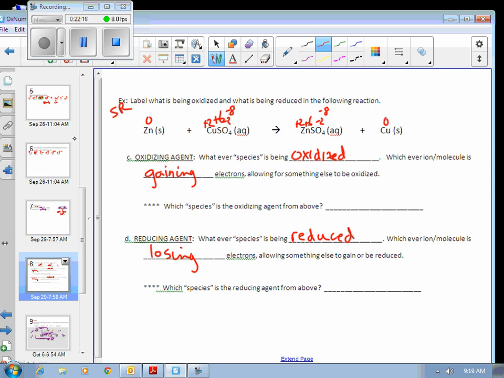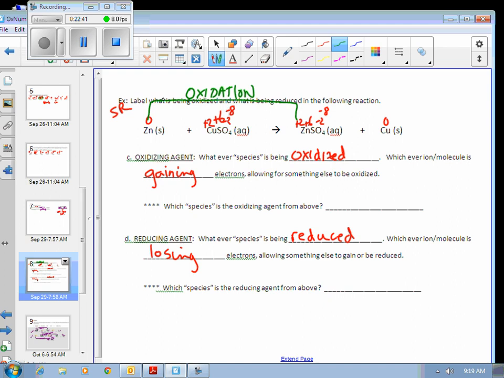All right, so looking at the reaction overall, what's being oxidized and what's being reduced? Zinc is going from 0 to +2. That means zinc is losing electrons, which is the process of oxidation. So the zinc atom is being oxidized into zinc 2+.